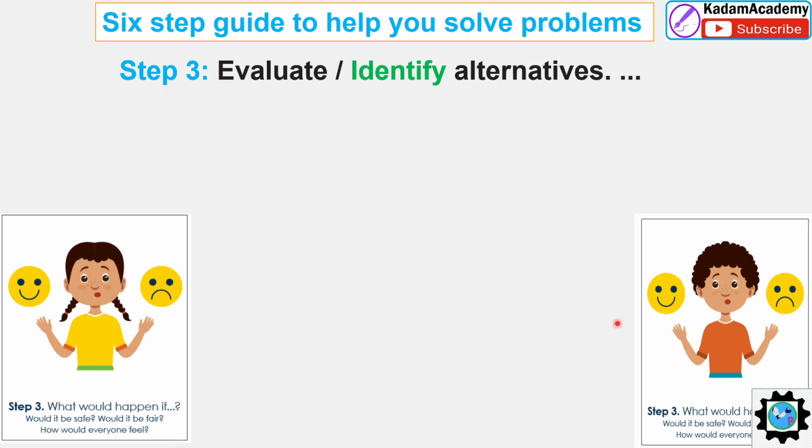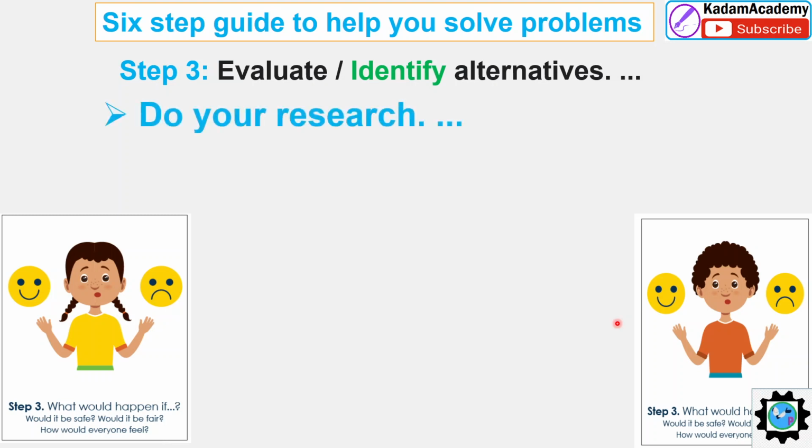Here, we have to evaluate and identify the alternatives to solve the problem. How can we identify alternatives? What would happen if, would it be safe, would it be fair, how would everyone feel? For this purpose, alternative ways to solve the problem must be known to the developer or designer.